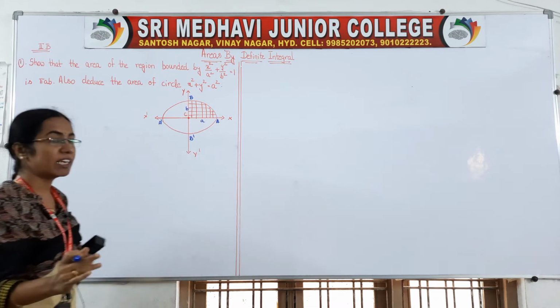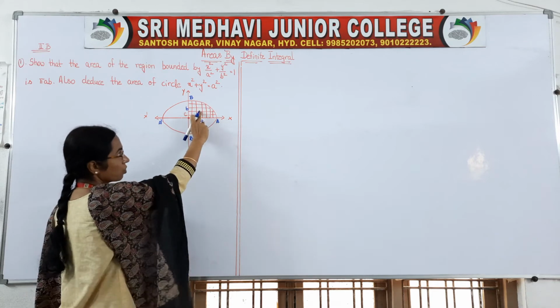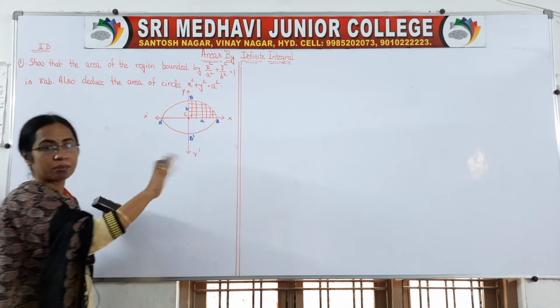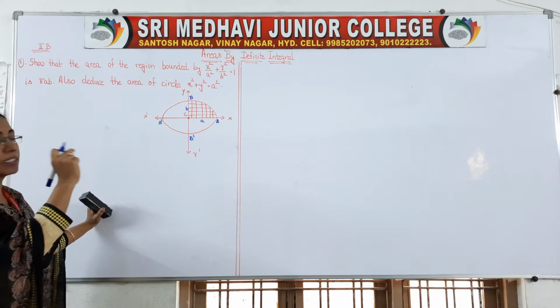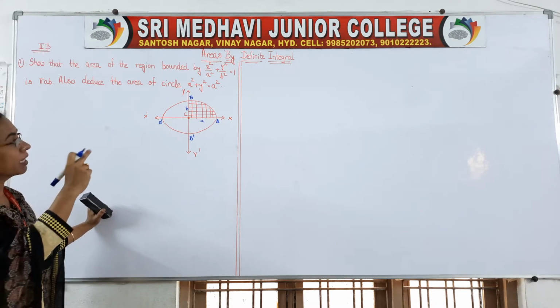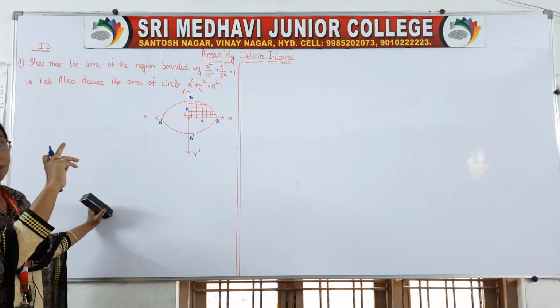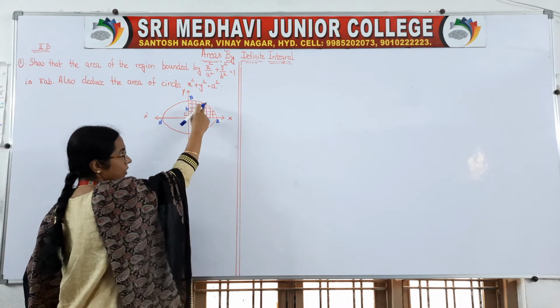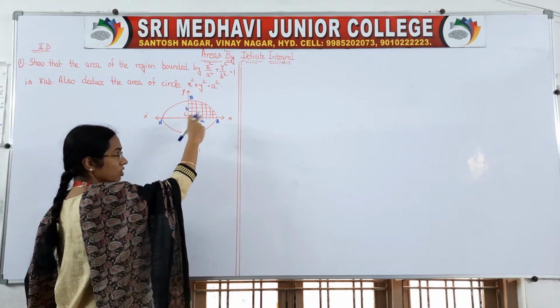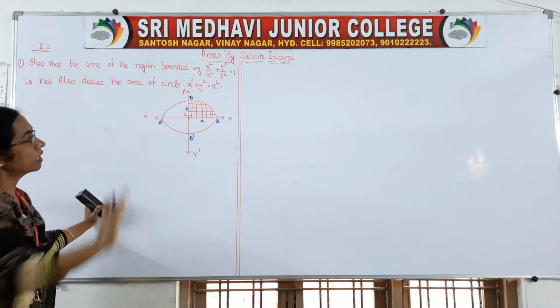So we can find this area, and 4 times this area is nothing but the area of the ellipse. Since your ellipse is a symmetrical diagram, if we find this area, 4 times this area is nothing but the area covered by the ellipse.